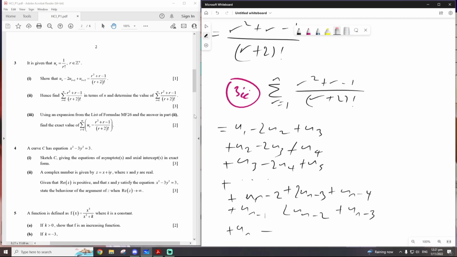Sorry, this should be minus. Okay. 2UN minus 1 plus UN minus 2. Okay, so you will see that we can do the cancelling. We'll cancel that, cancel that, cancel that. And similarly, we can do the cancelling for the bottom part as well.